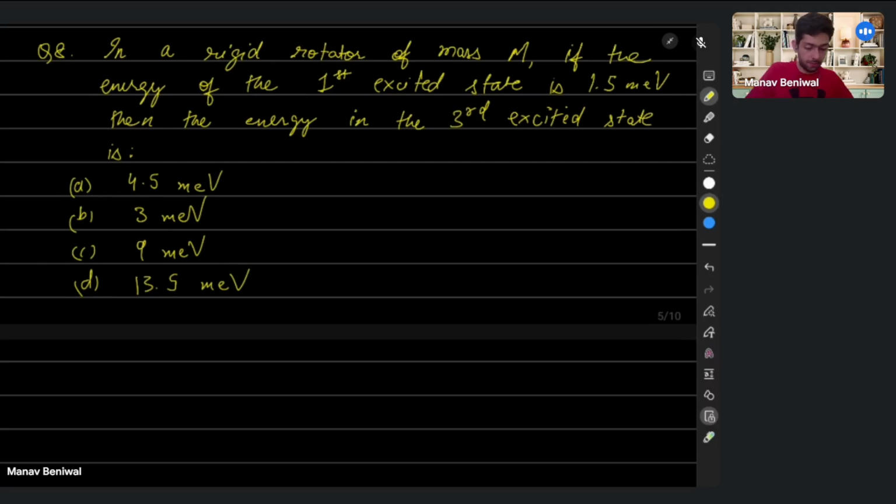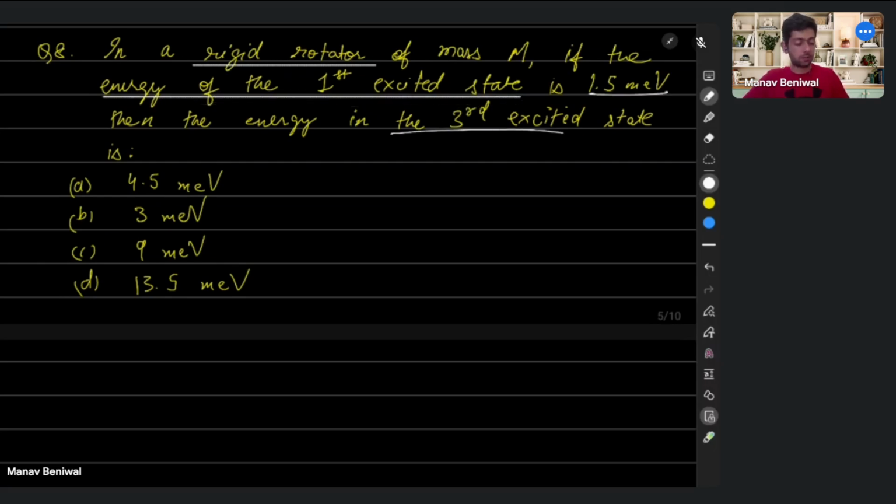So again we are back to solving a rigid rotator problem. We already solved one problem before, and the energy of the first excited state is given to be 1.5 MeV, and we are asked about the third excited state. What will be the energy of the third excited state?